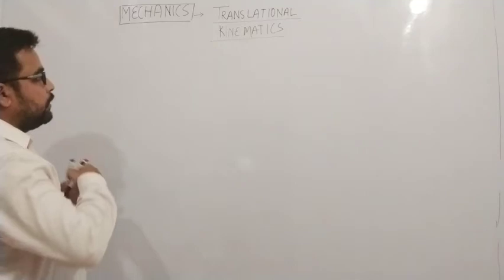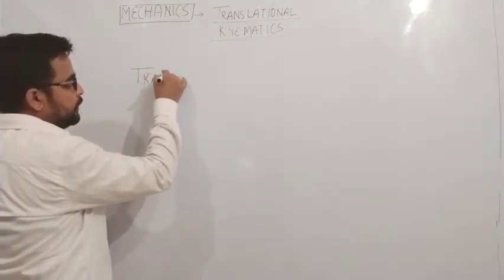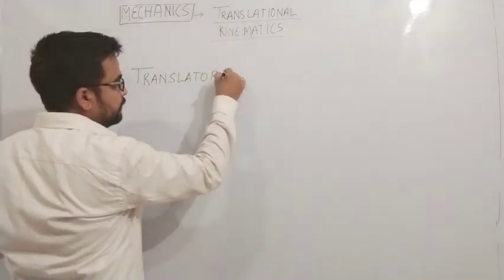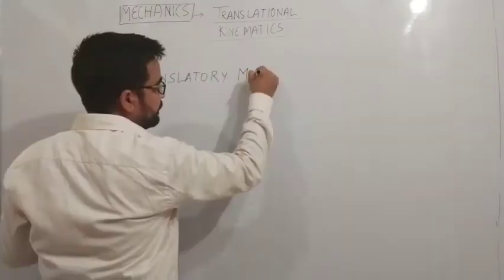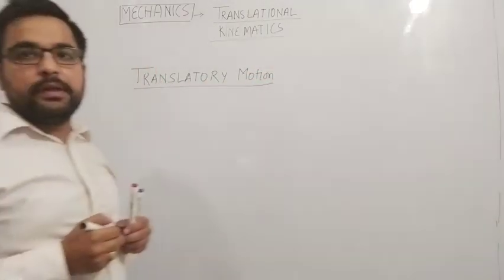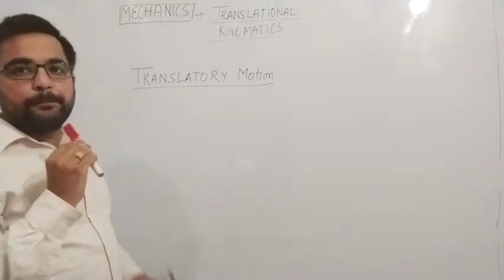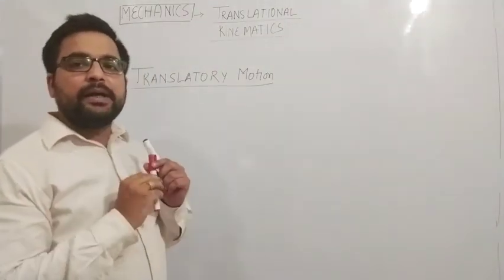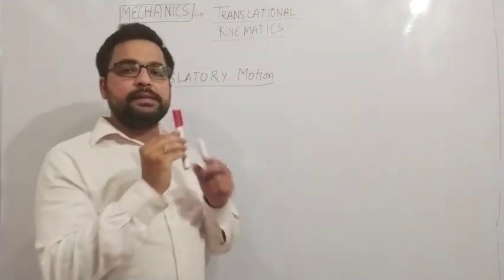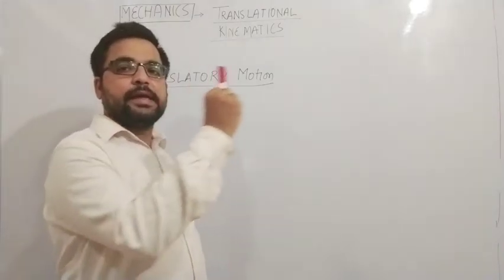So now, first, what is translatory motion? See, translatory motion is actually the kind of motion in which a particle moves, or if a body is moving, you will see that all the parts of the body are moving in the same way.